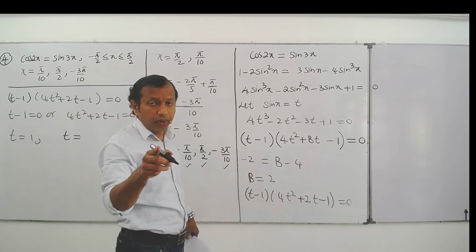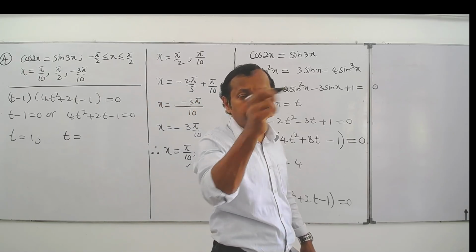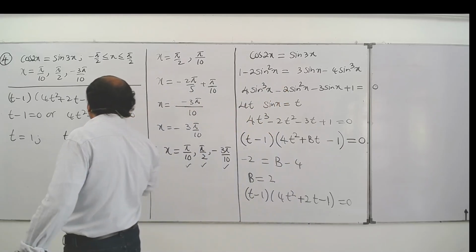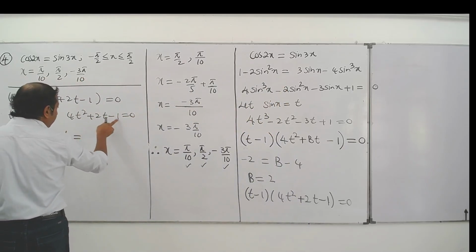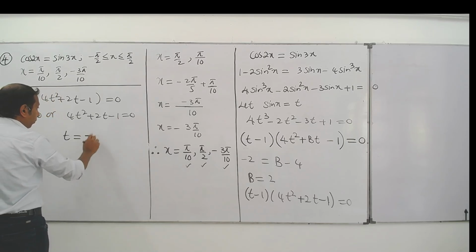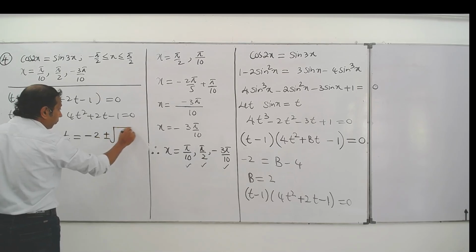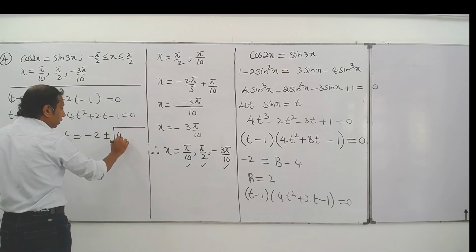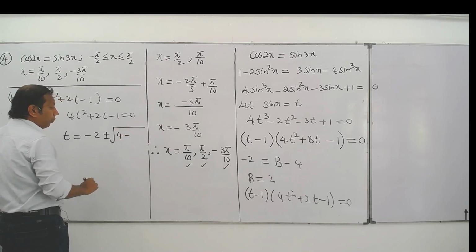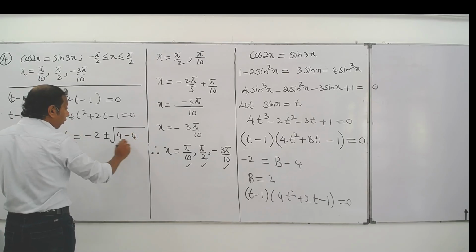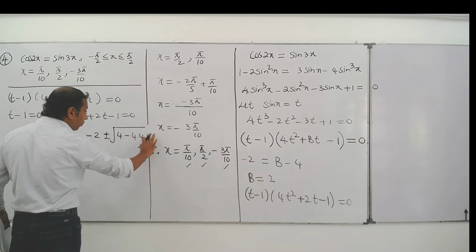x equals minus b plus or minus square root of b squared minus 4ac divided by 2a, right? Okay. Here a is 4, b is 2, c is minus 1. Minus b, minus 2, plus or minus square root of b squared, 2 squared, 4, minus 4ac, minus 1.